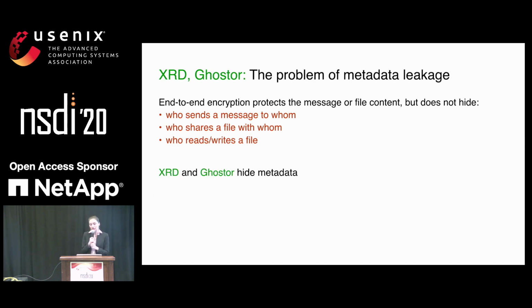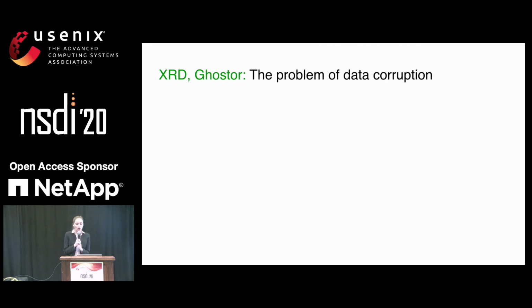And the two papers, XRD and GhostStore, in the security session are going to talk about how to hide metadata for messaging and for storage. And there's been a line of work within each of these areas, but the main difficulty has been achieving scalability and low overhead. And this is where these two works make a significant progress. The works also look at the integrity side of the problem, namely, what if a compromised server changes data or messages?